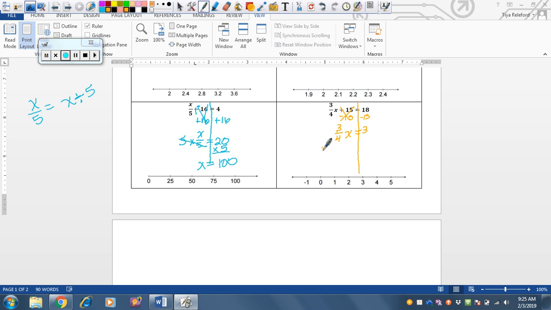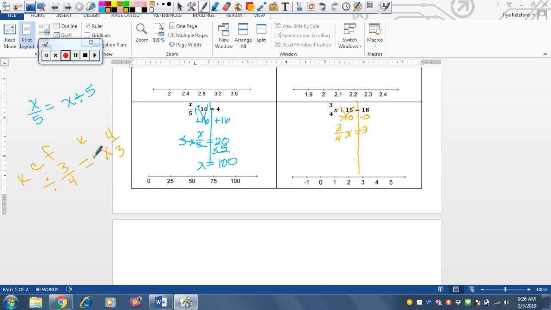So step 2 is to multiply or divide. If this is being multiplied, we are going to divide. So we are going to divide by 3/4. Now here's the cool thing. Dividing by 3/4 is the same thing as multiplying by 4/3, right? Keep, change, flip.